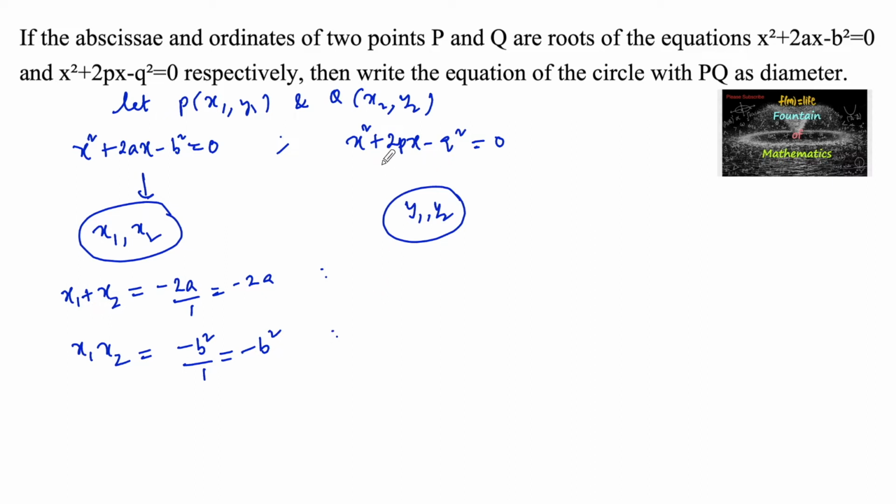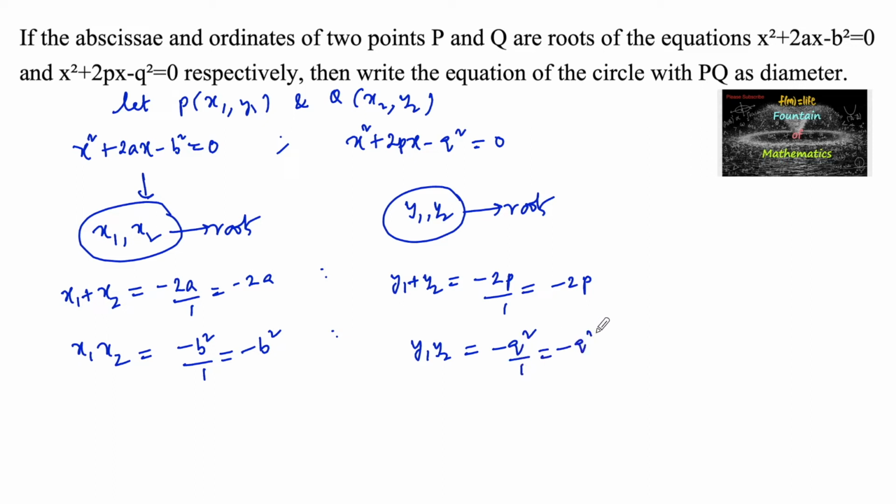And in the second equation, the sum of the roots y1 plus y2 is equal to minus b by a, that is minus 2p upon 1, that is negative 2p, and the product of the roots y1 y2 is equal to c upon a, that is minus q square upon 1, that is minus q square.